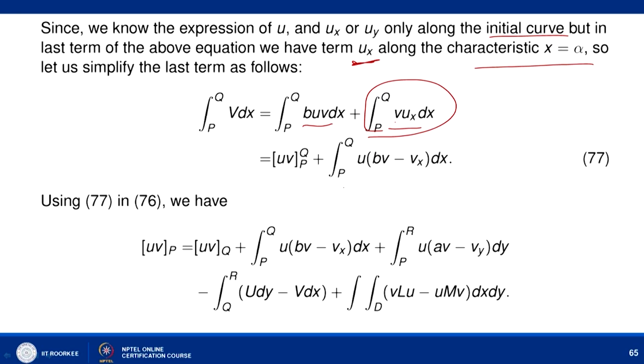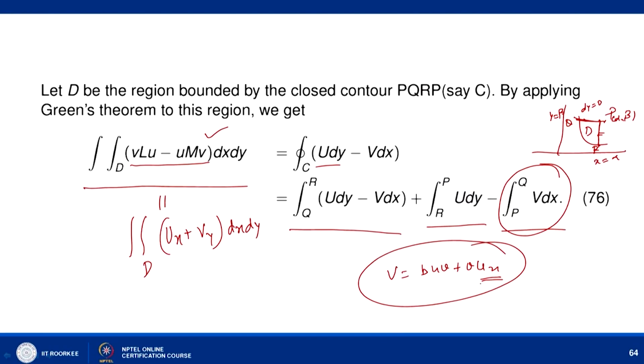So, we can write the integral from P to Q of v dx as uv from P to Q plus the integral from P to Q of u(bv minus vx) dx. Here now your derivative is not on u, it is on v. So, using this relation 77, now look again at 76.